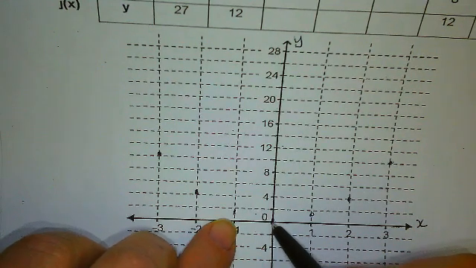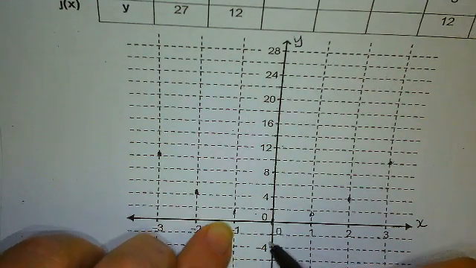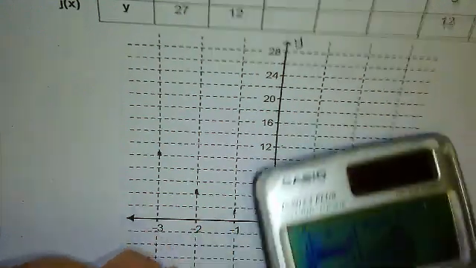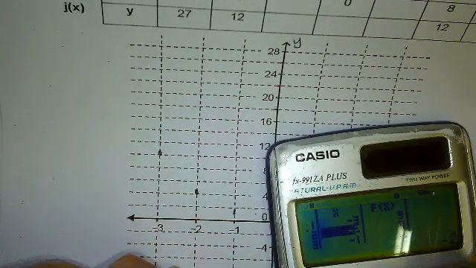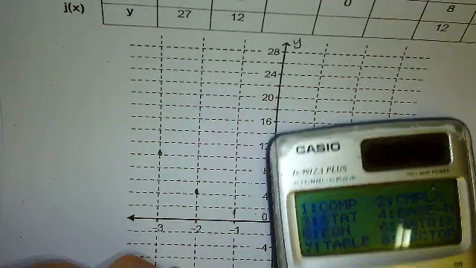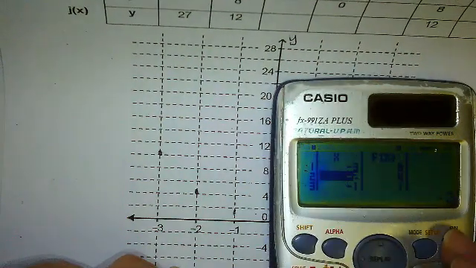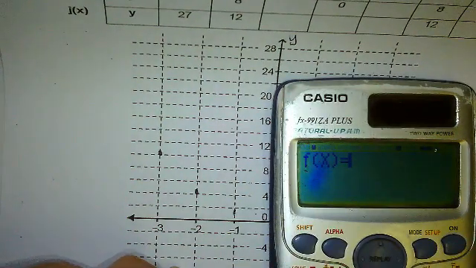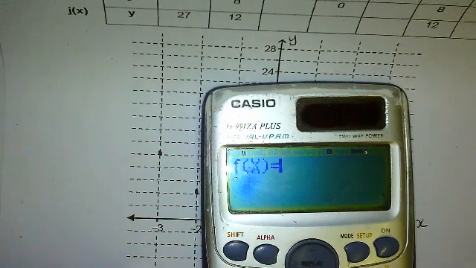I'm going to use this -1 to the 0 there on the calculator. So what I'm going to do there is the following. Okay, so I'm still on the fx notation there. I'm going to still put my equation in. That's x squared. Sorry, that's alpha and then x, and it must be squared.